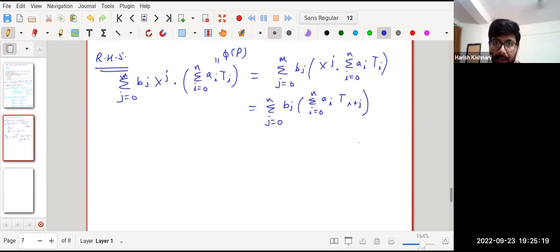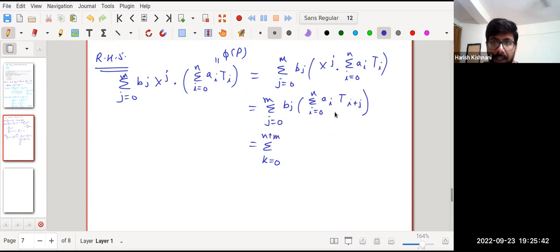Okay, so now you can check, this should be m, and when you multiply this you will get the summation, which is the same as taking the summation over k equal to 0 to n plus m.